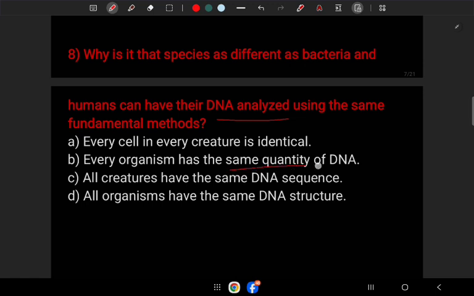No, this is wrong, different organisms have different quantities of DNA. All creatures have the same DNA sequence? No, different organisms have different DNA sequences. That's why every organism is different from each other. All organisms have the same DNA structure, because DNA is a double helical structure made by the same nucleotides: adenine, guanine, cytosine, thymine, deoxyribose sugar and phosphoric acid. Okay, option D is correct.